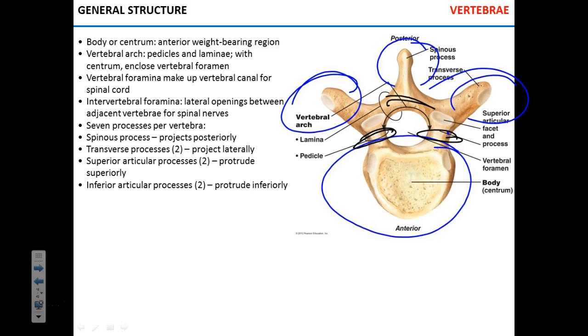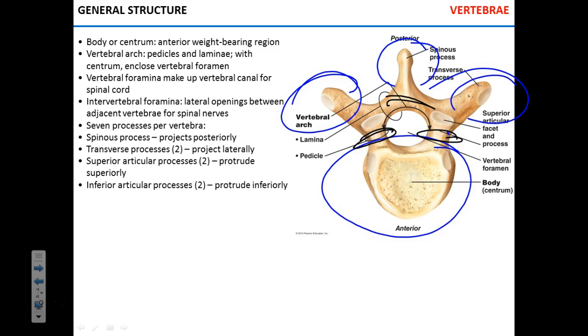These two? Those are inferior articular processes. These two that I'm tapping on are superior articular processes. I don't know how it looks from your point, so if you want me to turn it down or up, please tell me. Does that make sense?